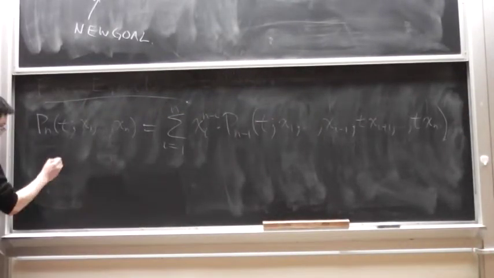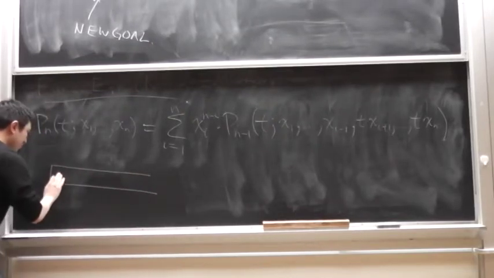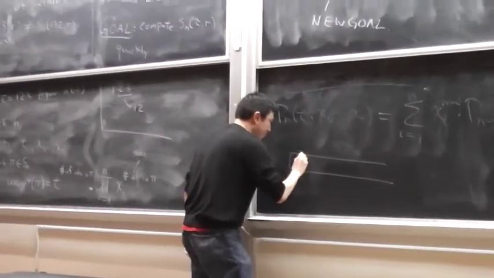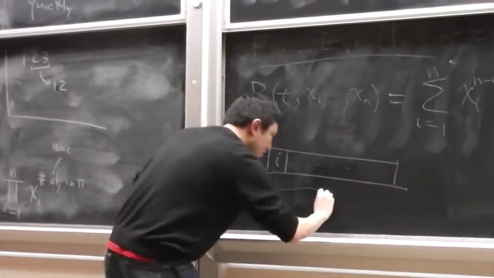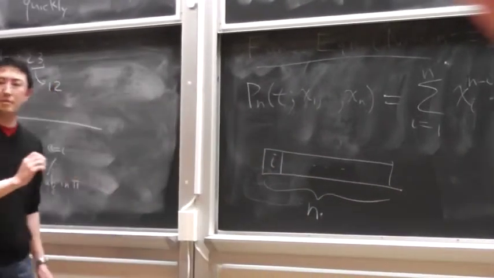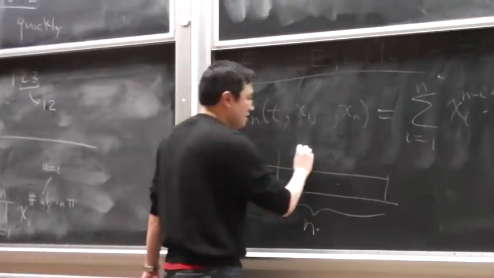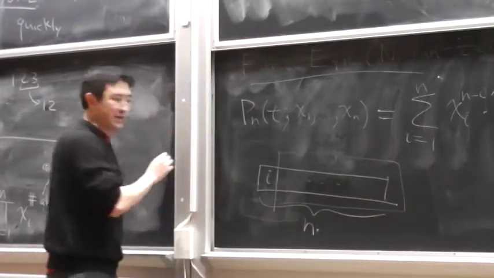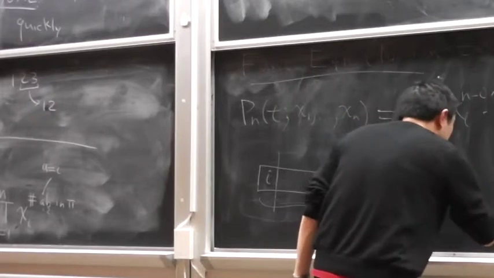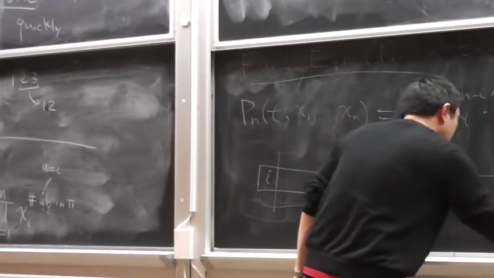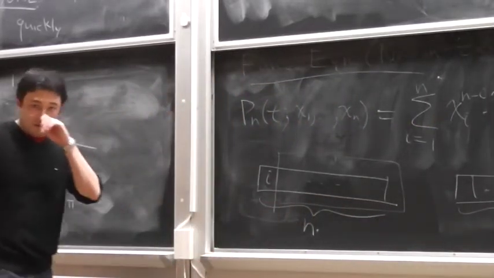The idea is that if we have a permutation that begins with the number i, let's say this is of length n. If we cut off the i, you get a smaller permutation of length n minus 1.